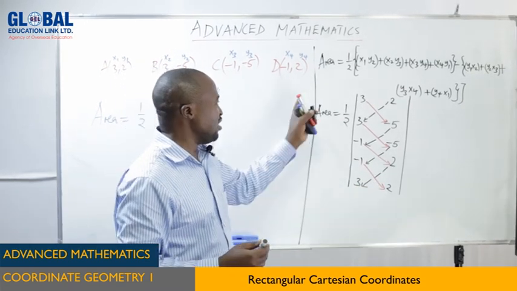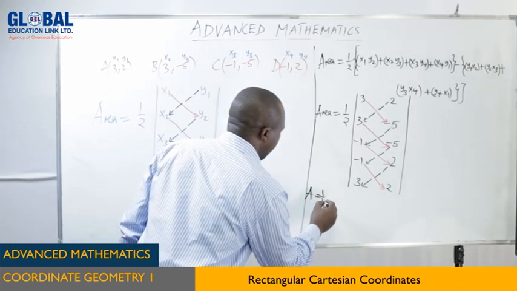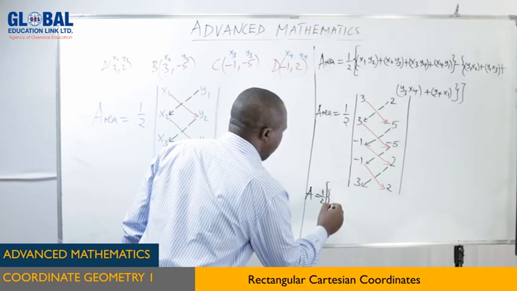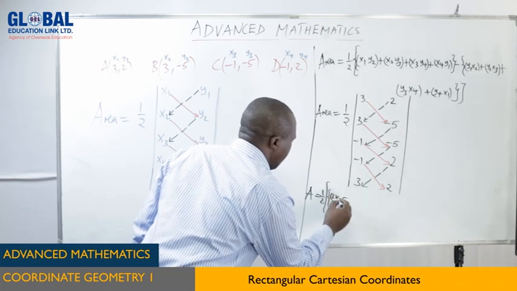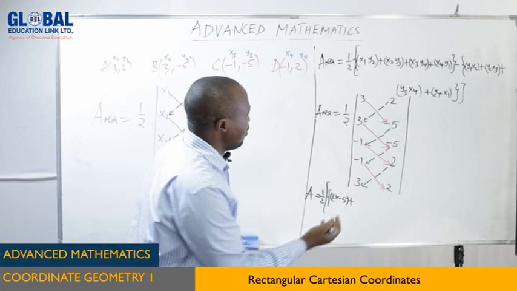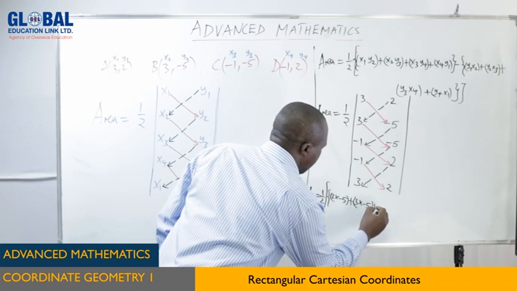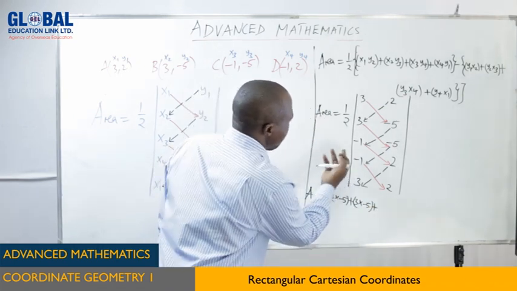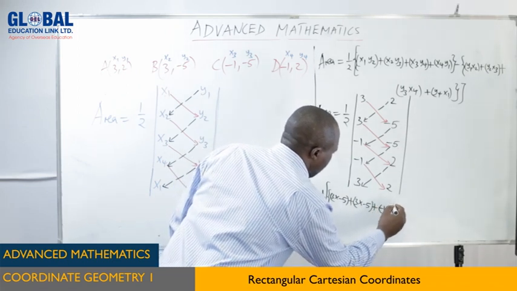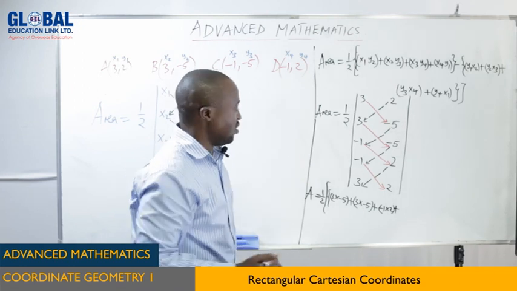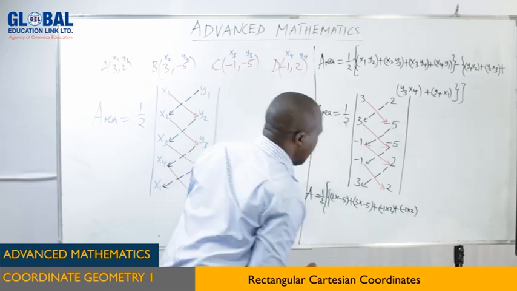So, my dear students, starting with the arrows, area will be equals to a half bracket of 3 times negative 5, plus we have 3 again, negative 5, plus this time we have negative 1 and 2, that is negative 1 times 2.